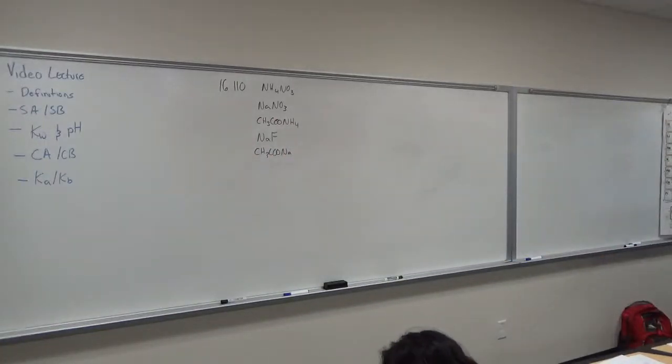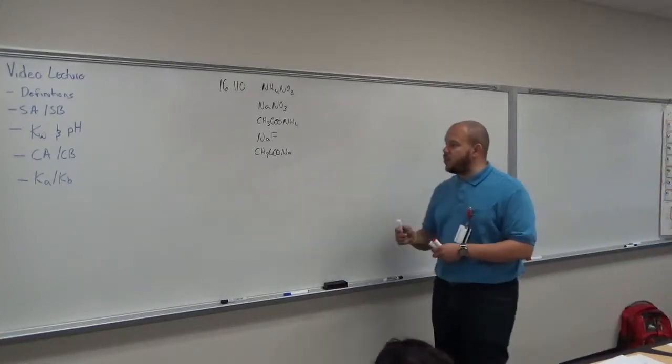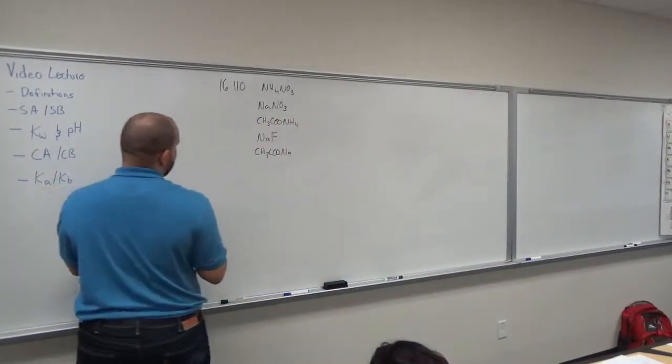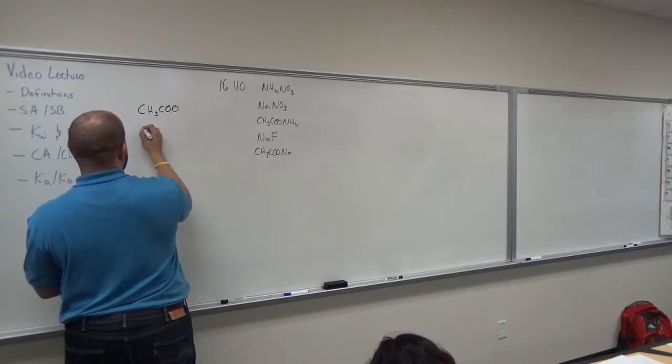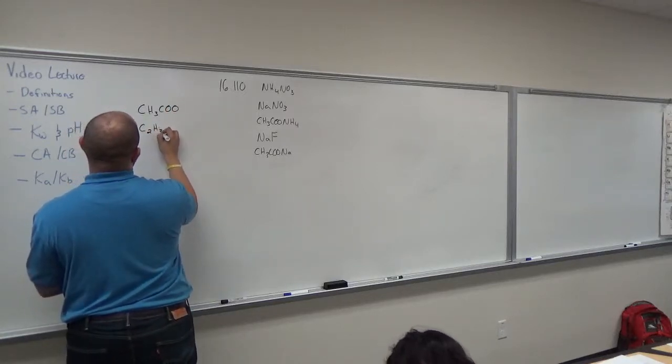This goes to exactly what I said. Can you deduce and rank these based upon what they are made out of? Now, I will go ahead and tell you that you may see these two listed similarly, but CH3COO is the same as C2H3O2.